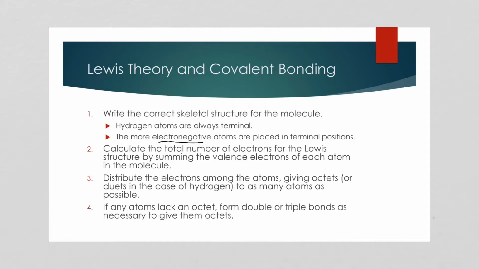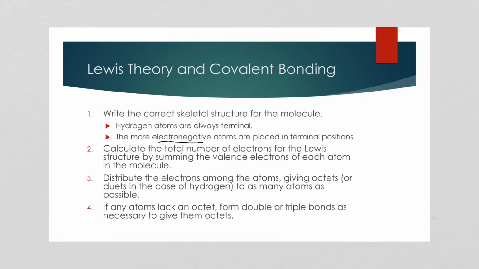Once we get a skeletal structure, we're going to calculate the total number of electrons that can be in our Lewis structure. This involves adding up all the valence electrons for the atoms involved in our molecule. Then we're going to distribute those electrons, with our goal being to satisfy the octet, or duet for hydrogen, of all the atoms in our molecule.